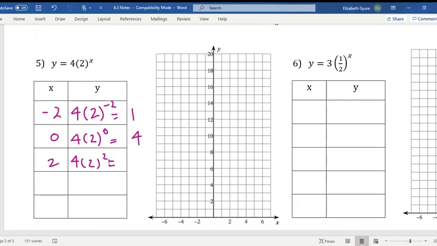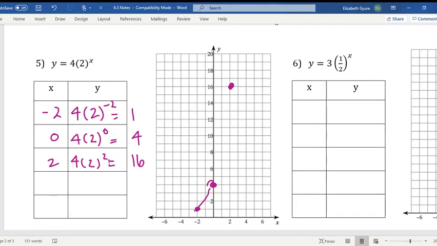And then multiply that by 4, and you should get what? 16, exactly. So at -2, put a dot at 1. At 0, put a dot at 4. And at 2, put a dot up at 16.